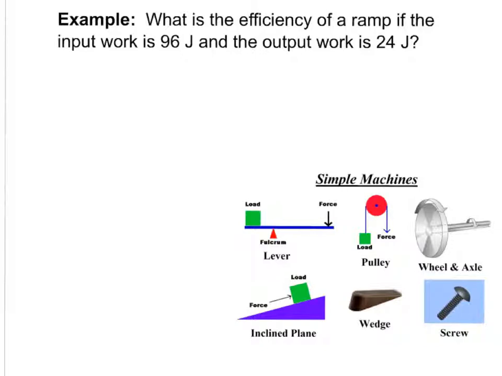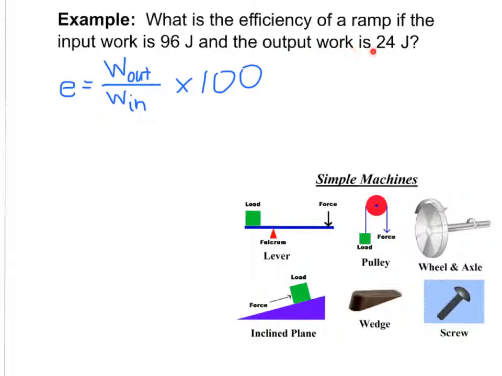What is the efficiency of a ramp if the input work is 96 joules and the output work is 24 joules? So we're just writing our equation here. Efficiency equals the work out divided by the work in times 100. We can substitute the values from our problem.